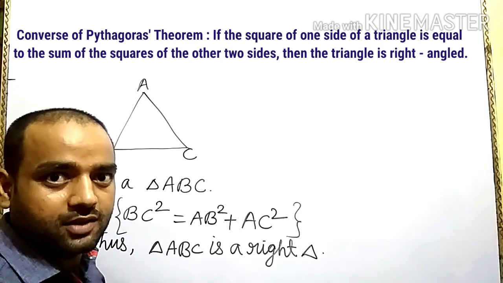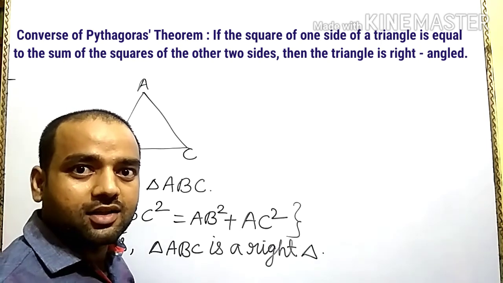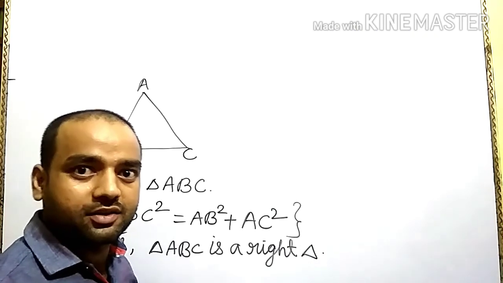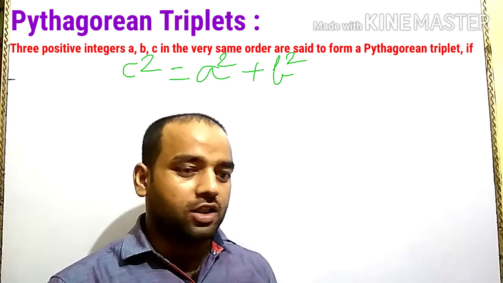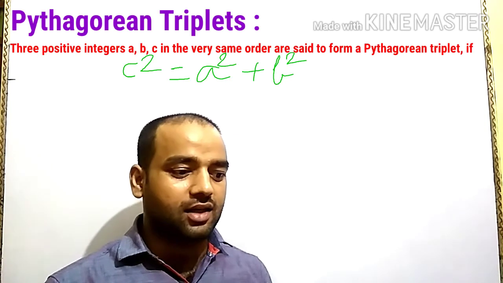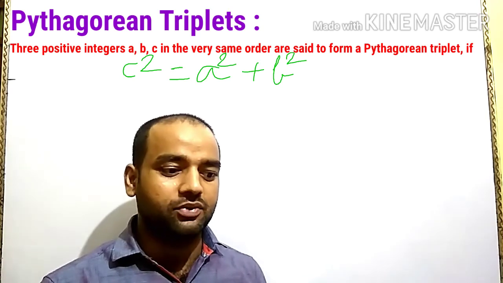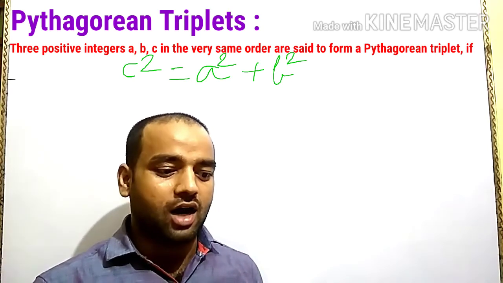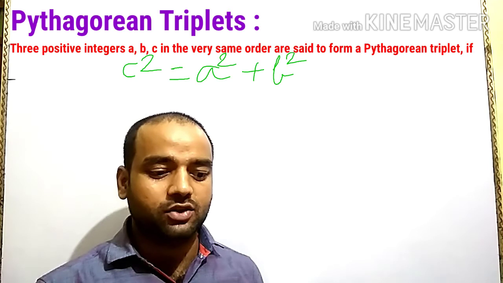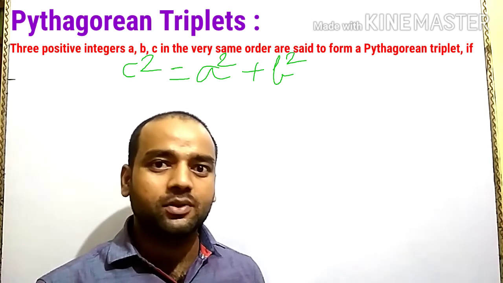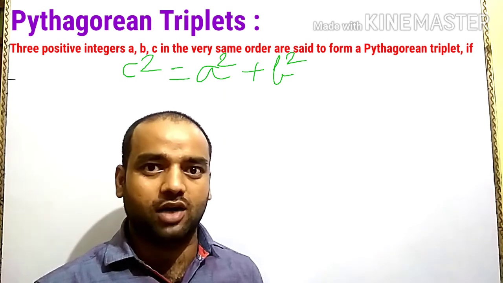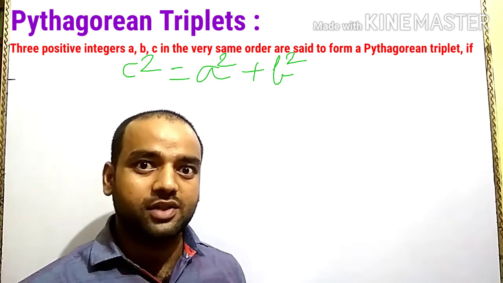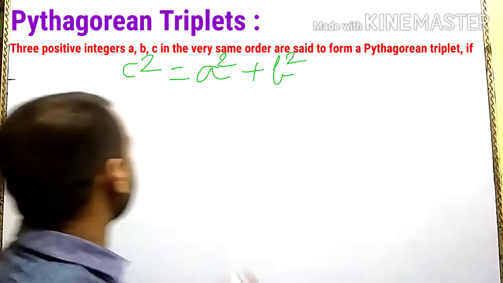Is it clear? Now let us discuss Pythagorean triplet. So what is Pythagorean triplet? The three positive integers a, b, c in the very same order are said to form a Pythagorean triplet if c square is equal to a square plus b square. So first of all we take a right triangle here.